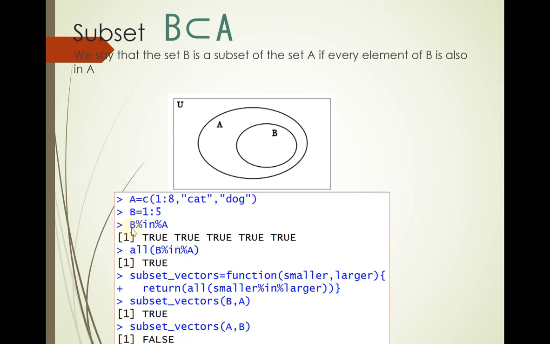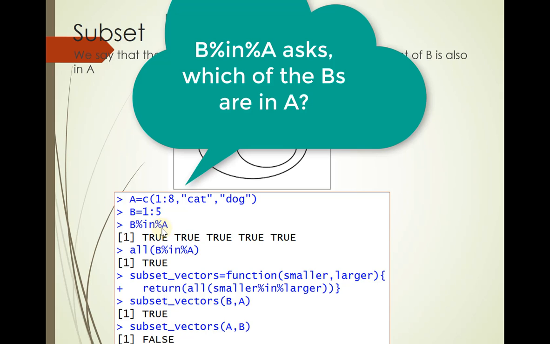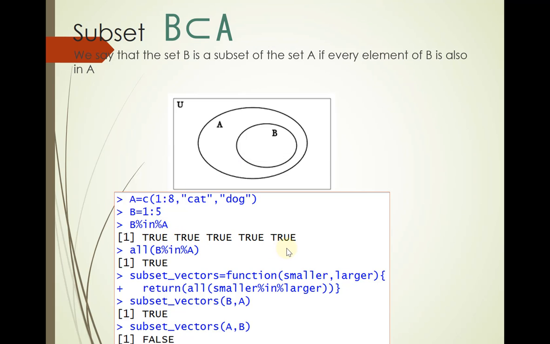So which of the B's are in A? Okay, so that's basically what it's doing. It's saying which of the B's are in A. So how many elements do we get back? Do we get 5 back, or do we get 10 back? A has 10, B has 5.